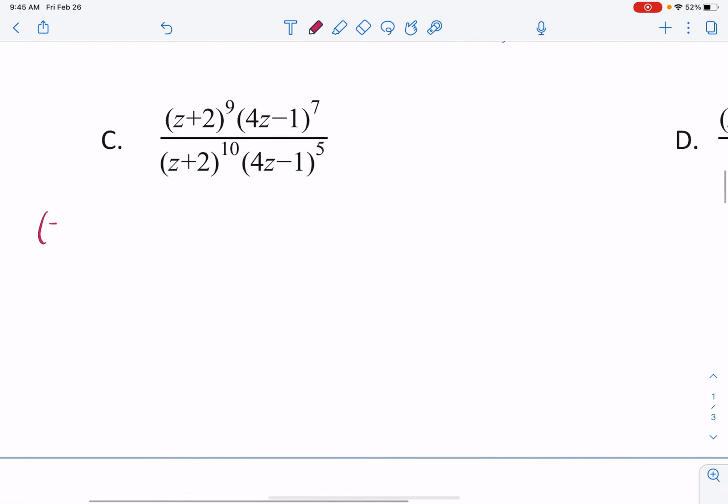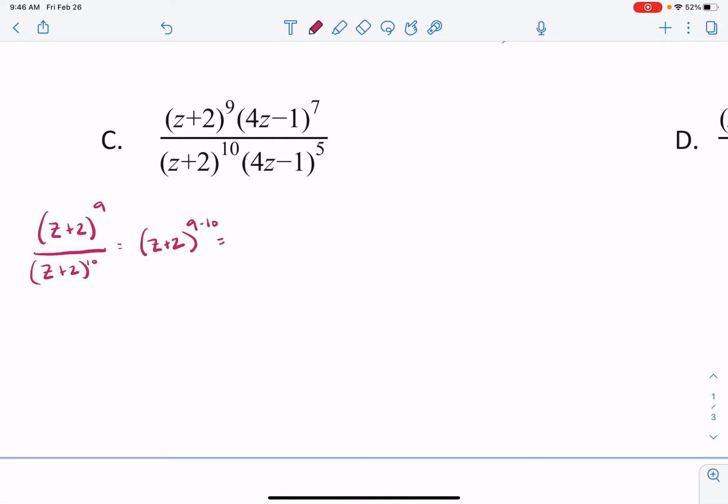If I've got z plus 2 to the 9th power over z plus 2 to the 10th power, we could just take z plus 2 and subtract 9 minus 10. So that leaves us with 1 over z plus 2.